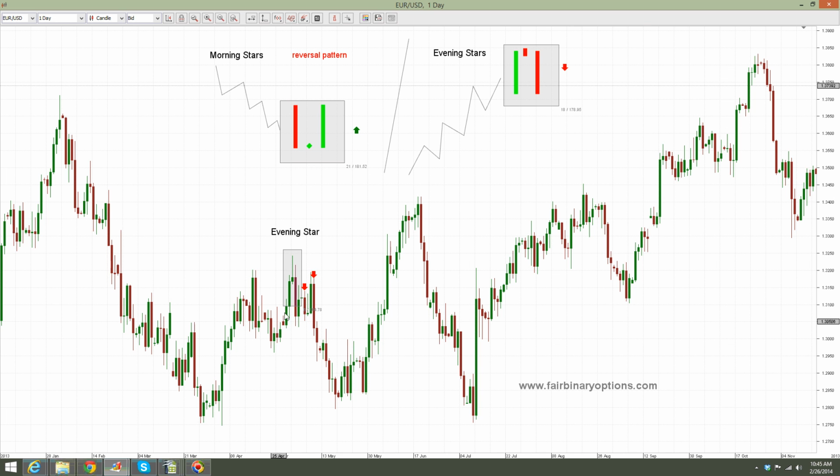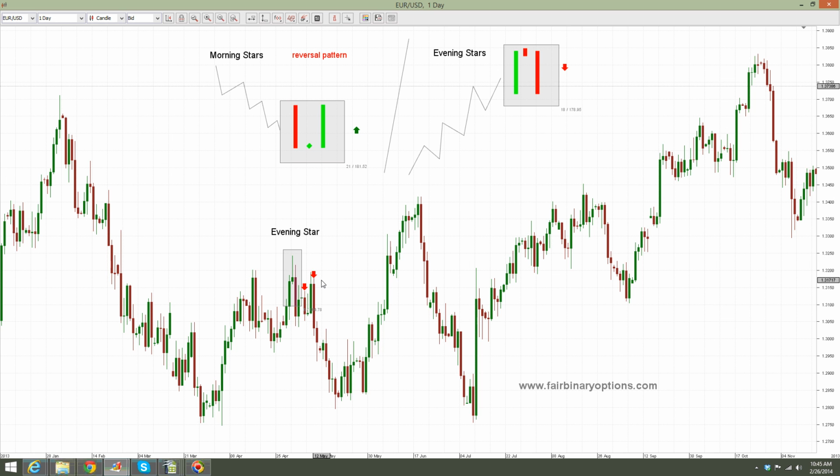Why? Because these reversal patterns come after a strong or powerful trend, and they represent a battle between bulls and bears. The bulls are not going to leave the trend just like that. So there is going to be a retest of the highs, trying to take the highs.